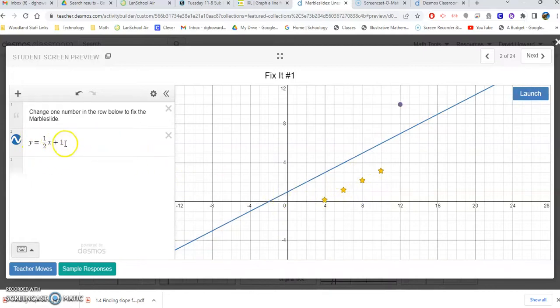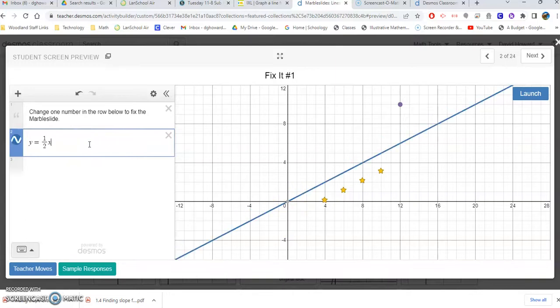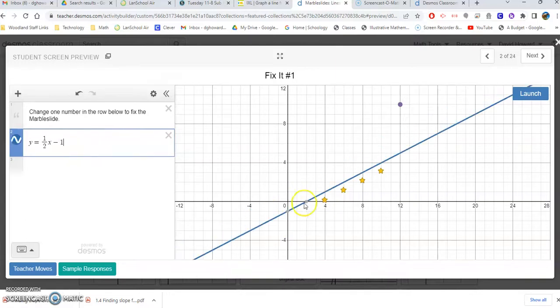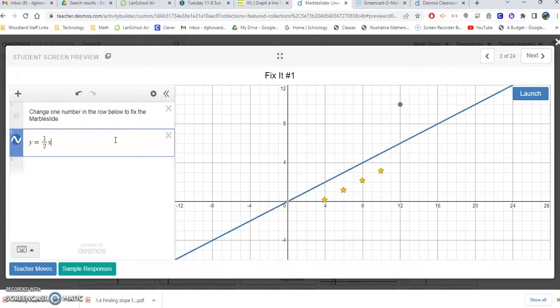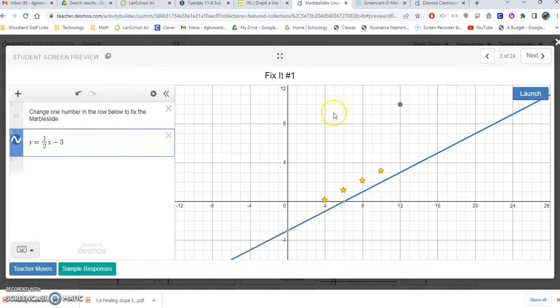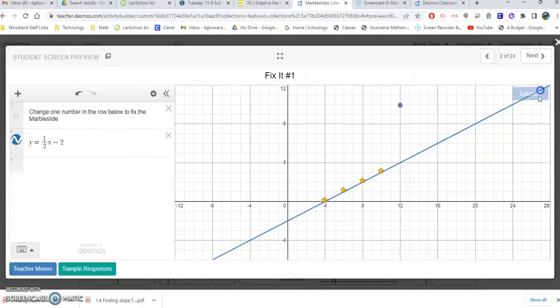For example, notice that it starts at 1 here, right here on the graph. Let's make it start at -1. So I'm going to change that +1 to a -1. Didn't quite reach it. Let's go down a little further, right? Let's go down to -3. Might be a little too low, but if I hit launch, yep, a little too low. Maybe -2. And if I hit launch, I get the stars, right?